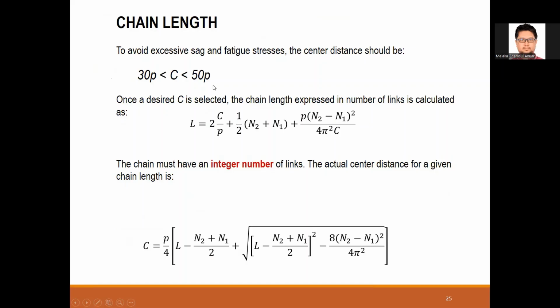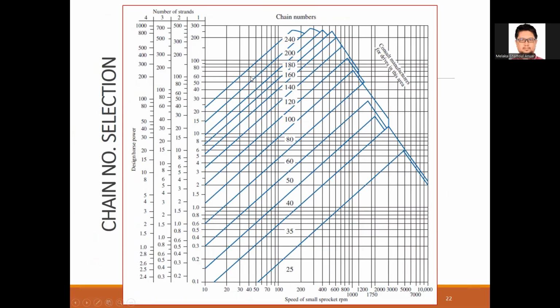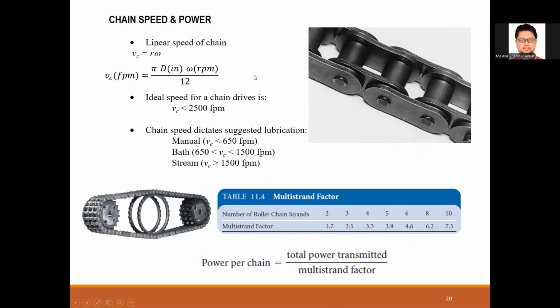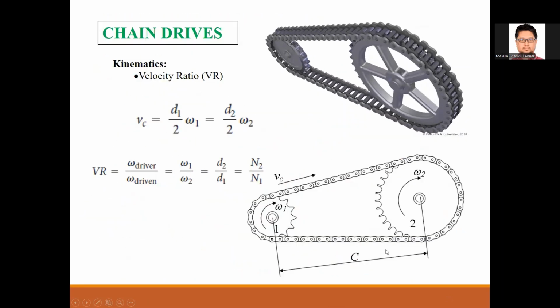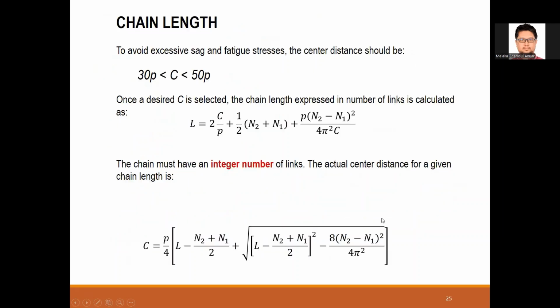Again, if we are given or we already know what C is, which is the center-to-center distance, yeah, this one. If you are not given that information, you can try to get C from this ballpark value, 30p to 50p.